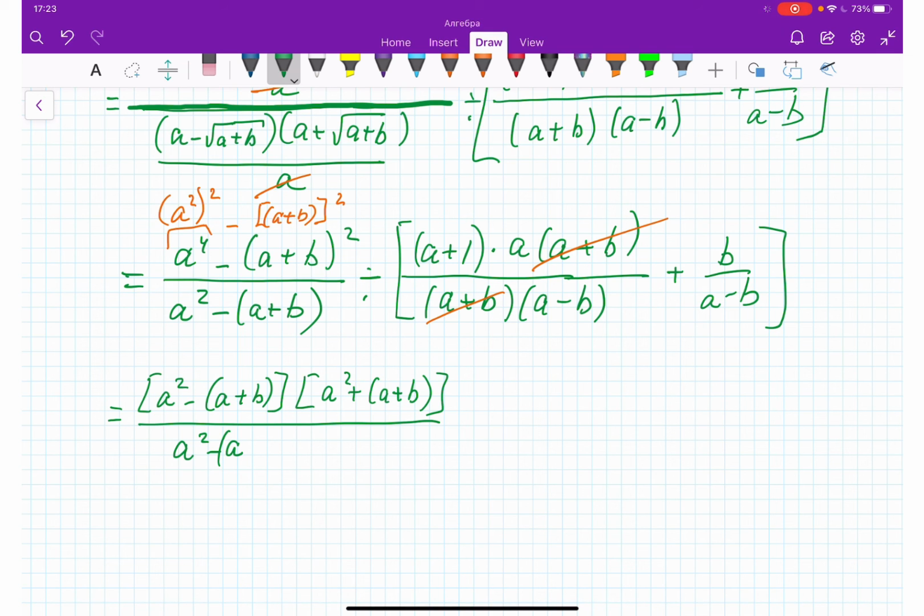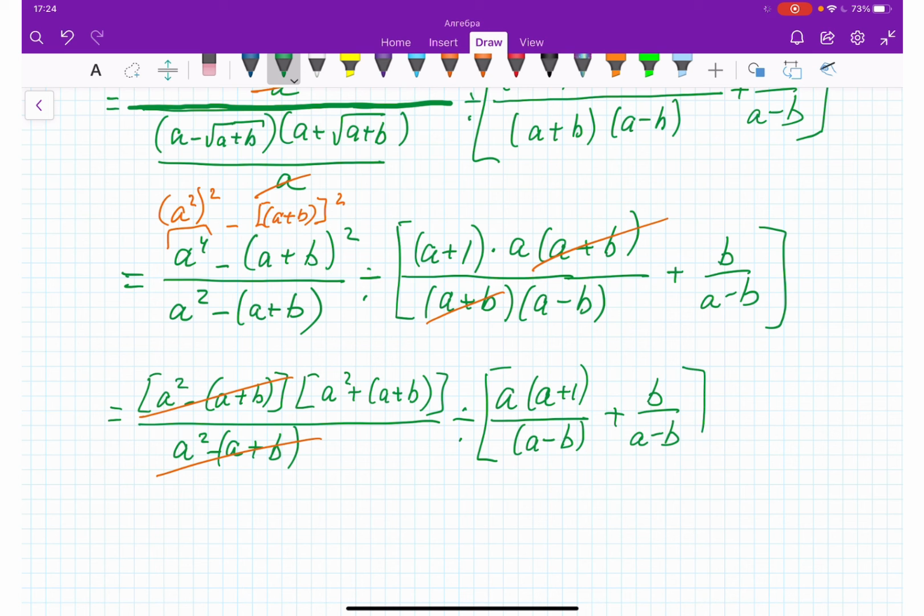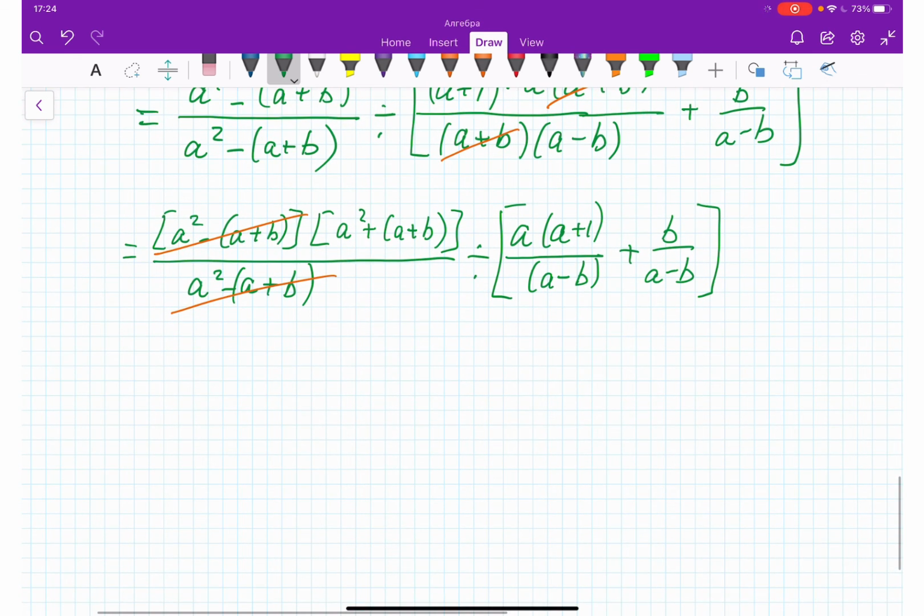Okay, we don't have to open because I can cancel just like that. Yes? Okay, and dividing by, here we have a times a plus 1 over a minus b, and plus b over a minus b. And here we have equal a squared plus a plus b.